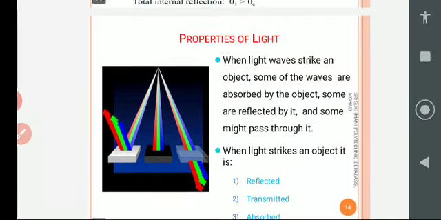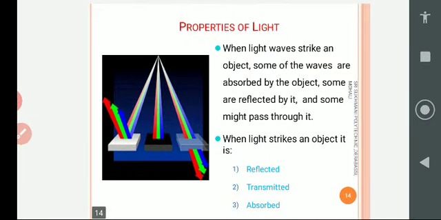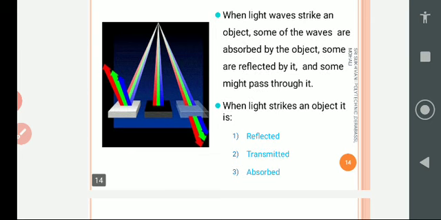When light strikes an object, some of the waves are absorbed by the object, some are reflected by it, some might pass into it. So when light strikes an object, three things happen: one is reflection, another is transmission, and third is absorption.